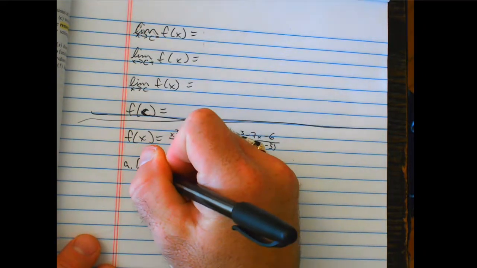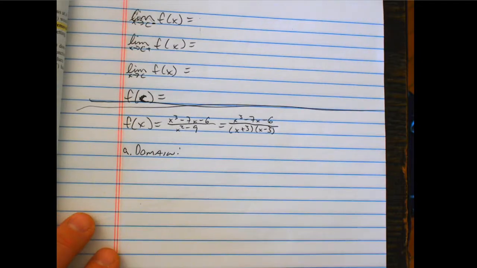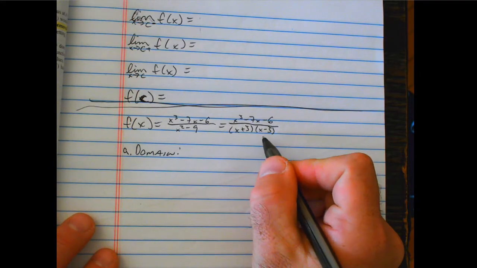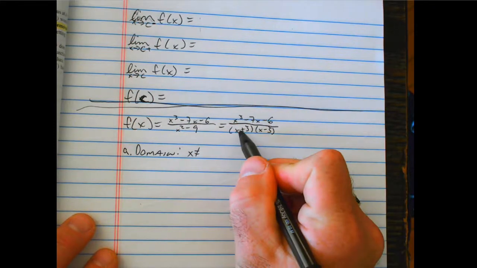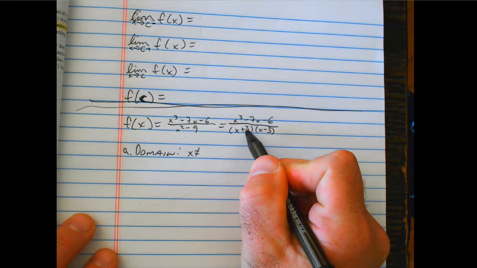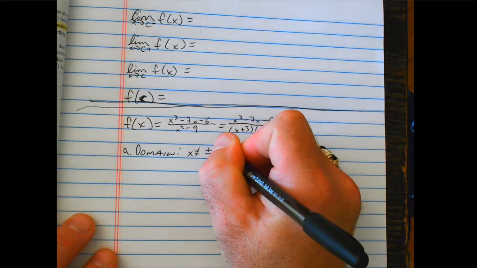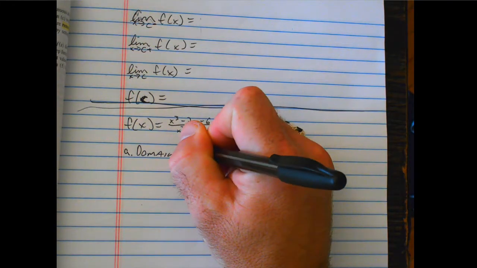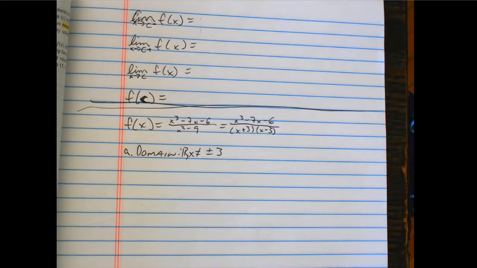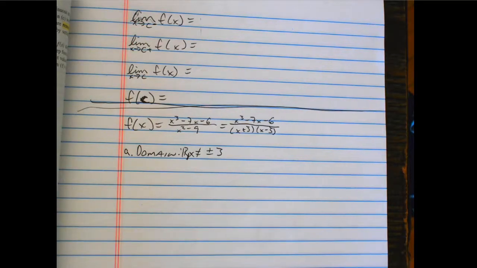So my domain is all x, so it's all real, where x is not equal to, well, what makes this equal to 0? That would be -3. What makes this equal to 0? +3. X equals plus or minus 3. My domain is all reals where x not equal plus or minus 3. All right, that's the real numbers symbol.